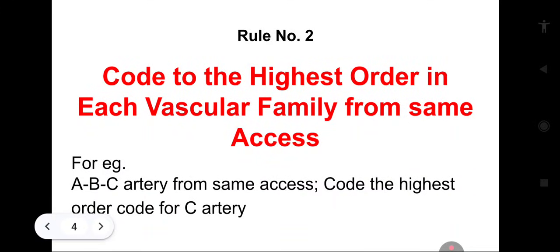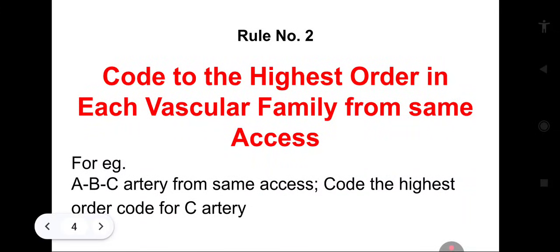When we code the C artery catheterization, automatically the A and B codes get included in the order of catheterization for the C artery. So the highest order we code for the C artery will automatically include the A and B code.